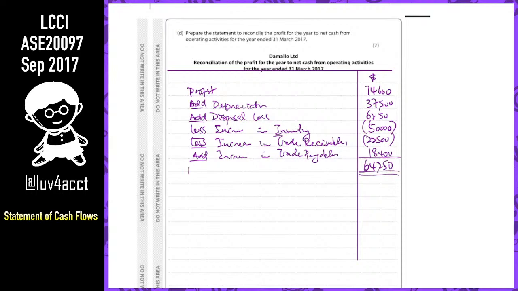Okay, that is net cash from operating activities. Okay, so we have finished for this 7 marks. Let us move on to our next part.